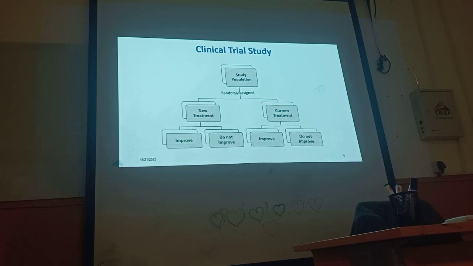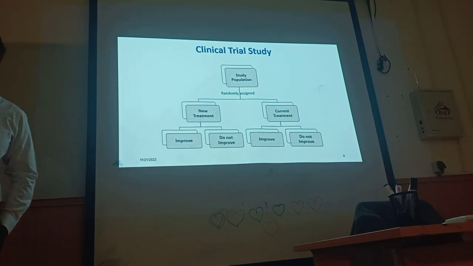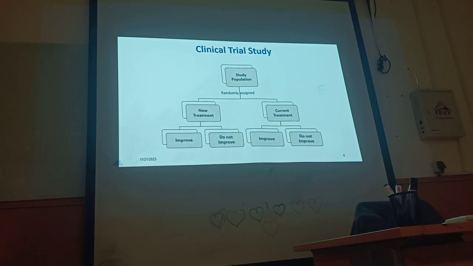In a clinical trial study, we have the study population, let's say a population of diabetic patients. We select, for example, 200 of these diabetic patients to investigate a new treatment, to see if the new treatment is effective against diabetes, for example, for controlling the blood sugar or not.